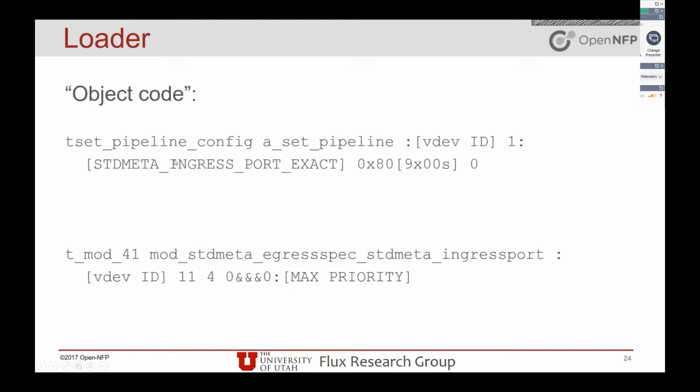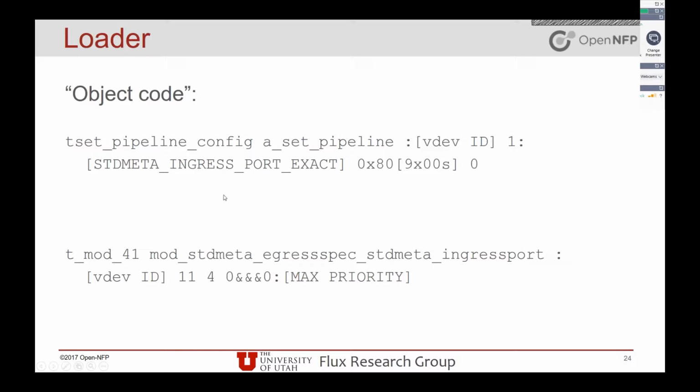The object code was produced, and here we have the entry for setting up the pipeline configuration, as well as later on in the program, a point where we actually modify the egress spec with the value of the ingress port.